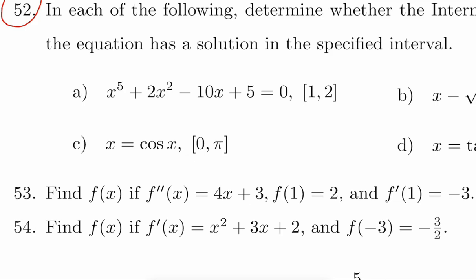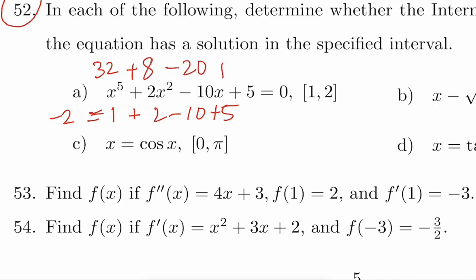Plug in 1. If I plug in 1, I get 1 plus 2 minus 10 plus 5. What is that? That is 8 minus 10, or negative 2. And then plug in 2, I get 32 plus 8 minus 20 plus 5.